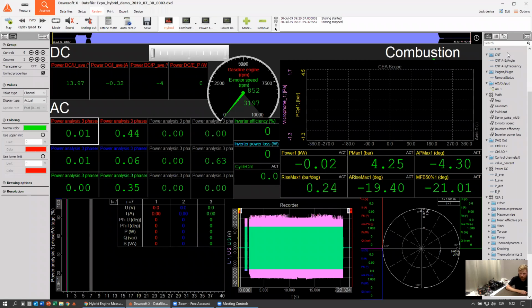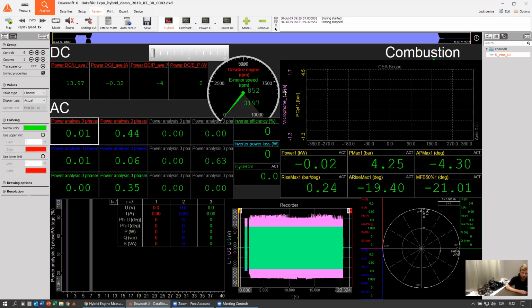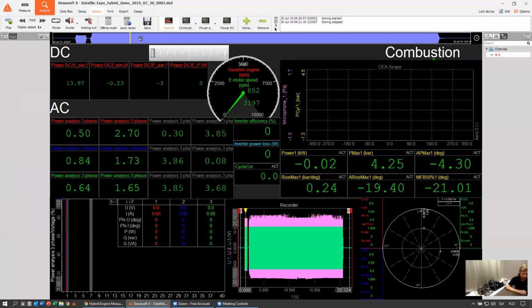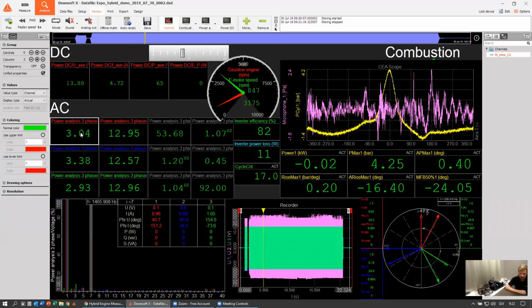So we have all three phases. Here we have the RMS voltage values between the phases. We have the current between the phases.